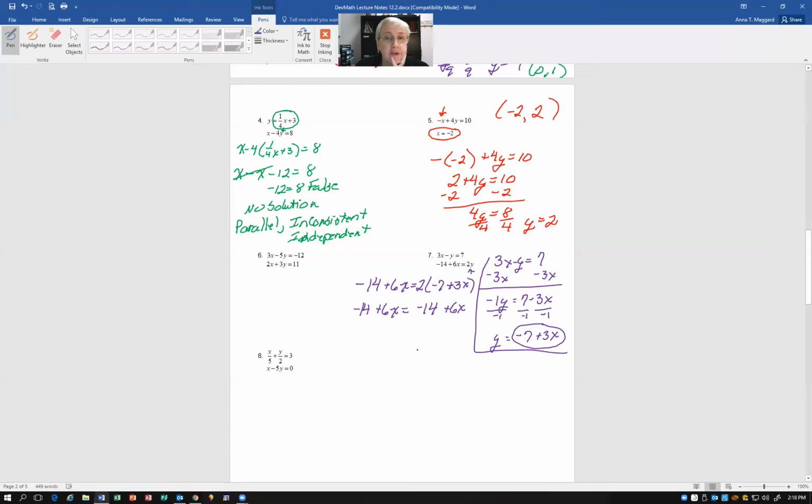Look at the two sides of this equation. They're identical, aren't they? If I start by subtracting 6x from both sides to solve this, I get negative 14 equals negative 14. That means that these two equations are identical to each other. They are the same line.